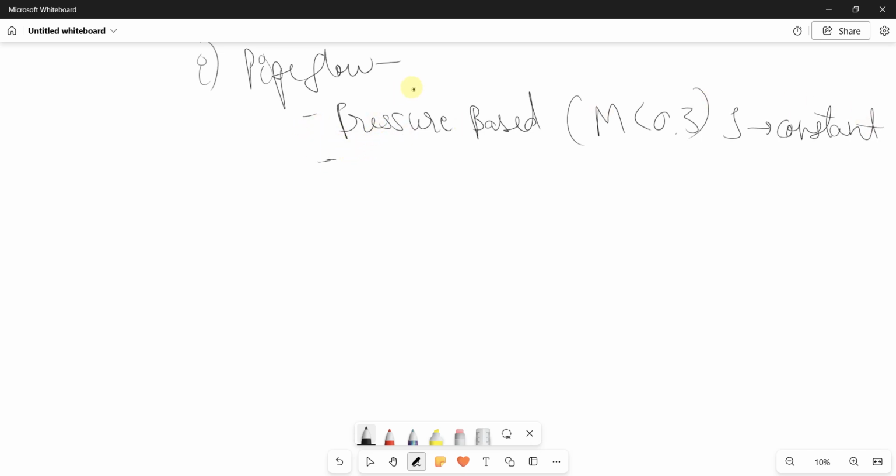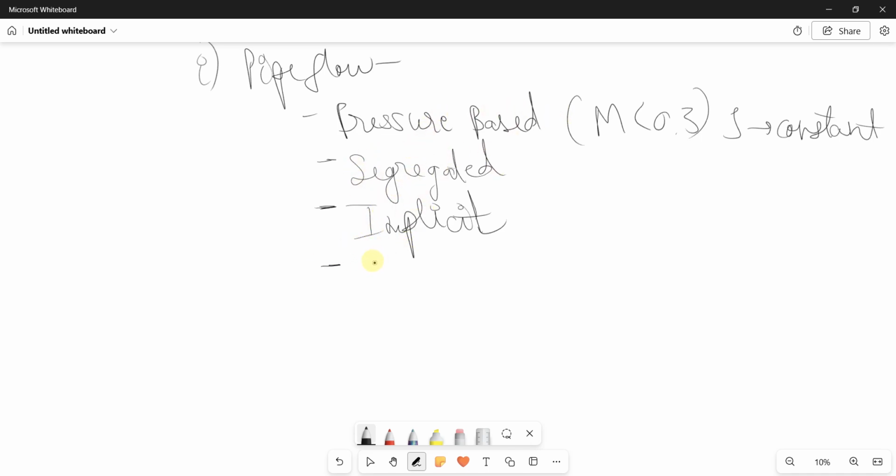Now next, will you use segregated or coupled? Usually you'll use a segregated type for this. Then will you use implicit or explicit? Mostly in current CFD, you just use implicit forms because they are much more stable. And here, do you go with steady state or transient?